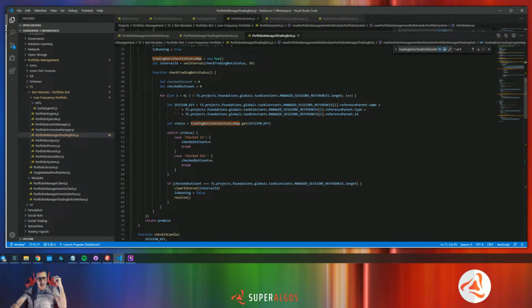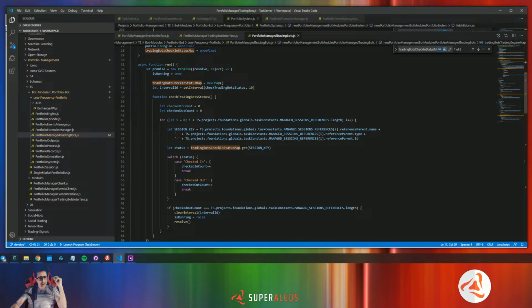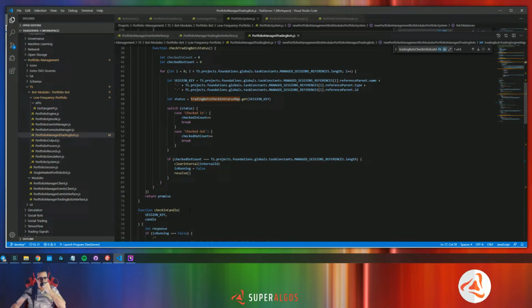So when they are all checked out, then it resolves and it continues execution. Okay, so this is what is going on.